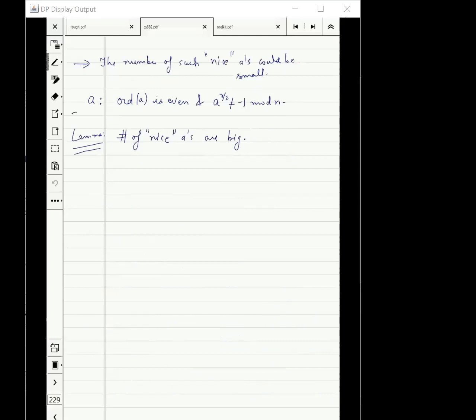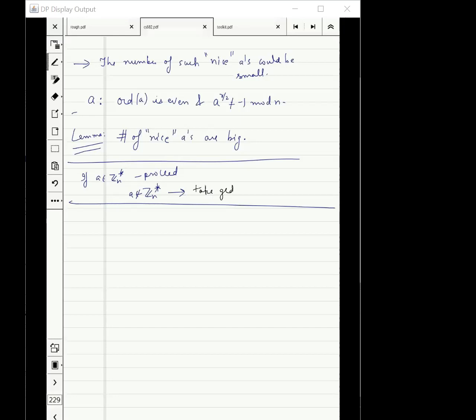I will do the proof of the lemma later. If A is an element of Zn star, proceed. But if A is not an element of Zn star, then you should dance with joy. A is a factor, just take GCD. You don't have to go through order finding, nothing.